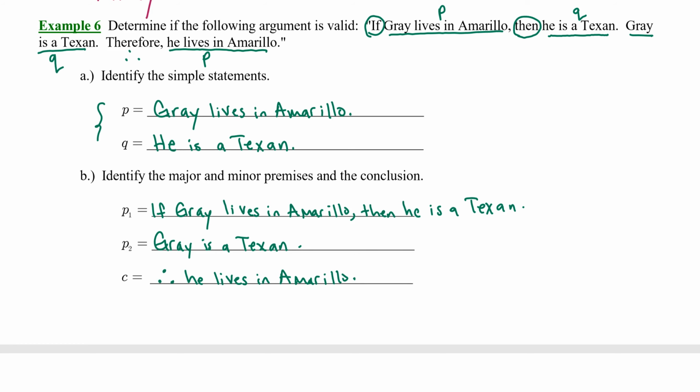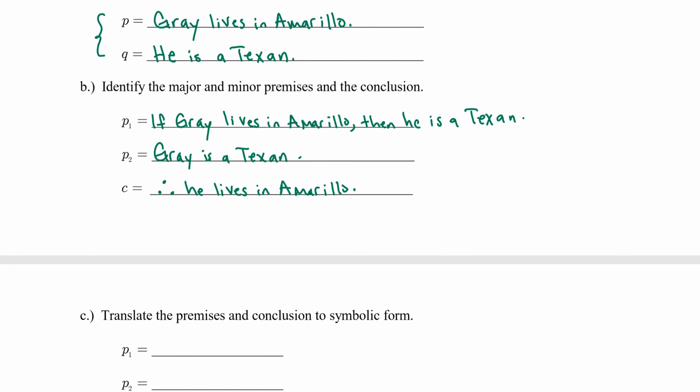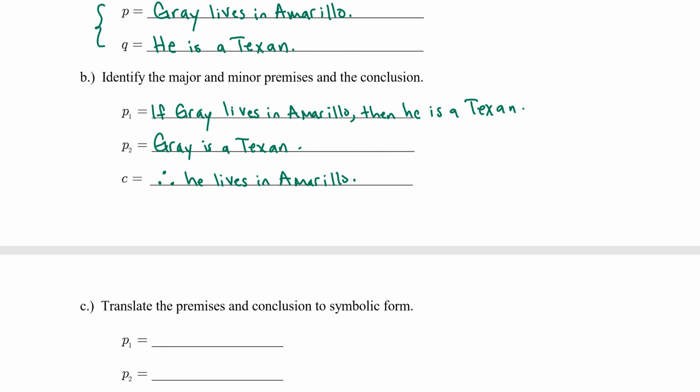Now, we're going to take our simple statements and use those to write each part of our syllogism in symbolic form. So let's start with our major premise. Our major premise is a conditional, if, then. So we've got a one-way arrow. Gray lives in Amarillo is statement P. That's the hypothesis of this conditional.